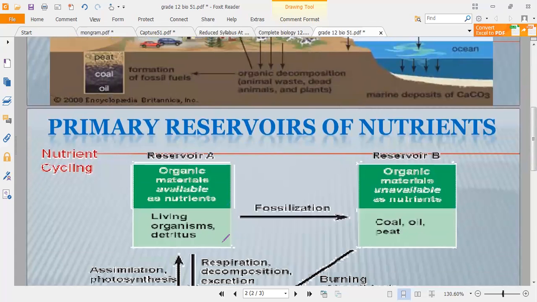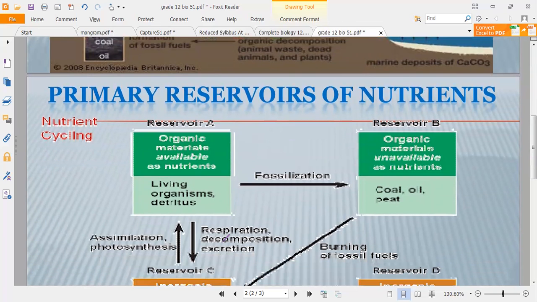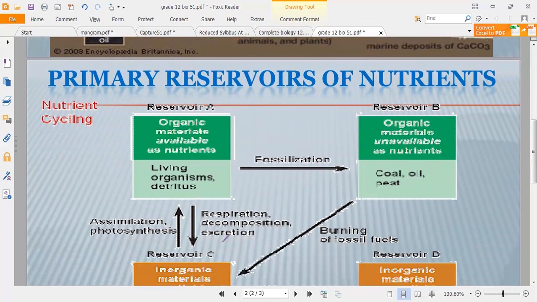For biogeochemical cycles, first we have to make our concept clear about primary reservoirs of nutrients. A reservoir means the accumulation, compilation, and storage of lots of nutrients at various places.